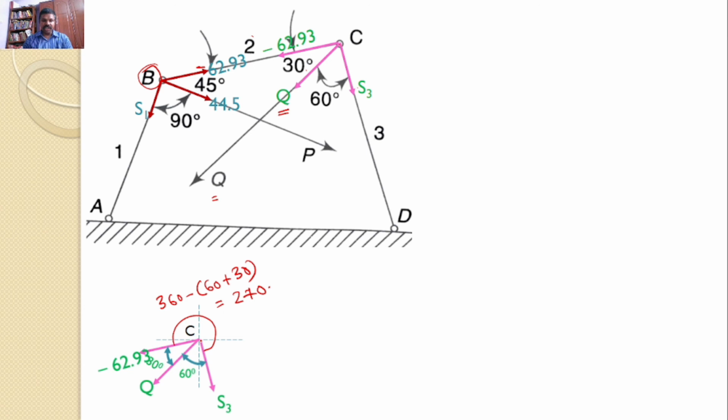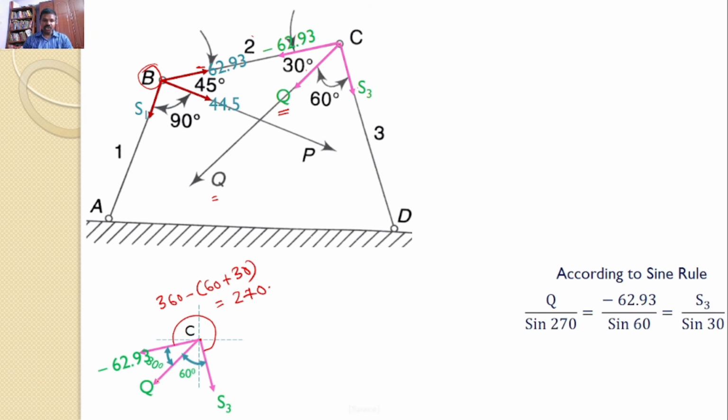Now at point C, there are three forces. All three forces are concurrent and all three forces are divergent. Hence I can apply the sine rule. Now according to the sine rule, the force Q divided by sine of the angle between the other two forces, that is S2 and S3, is 270. Hence I have written Q divided by sine 270 is equal to minus 62.93 divided by the angle between these two forces, that is 60.